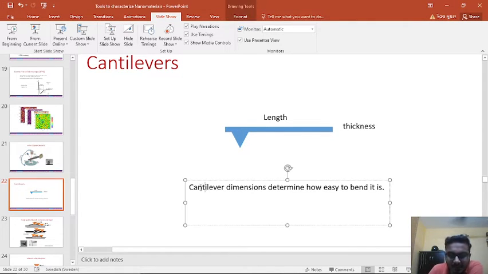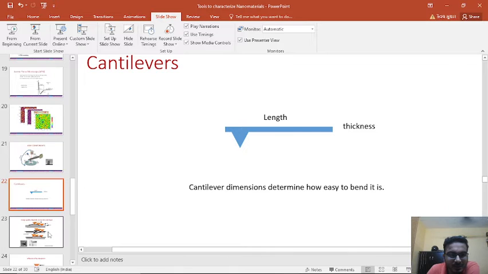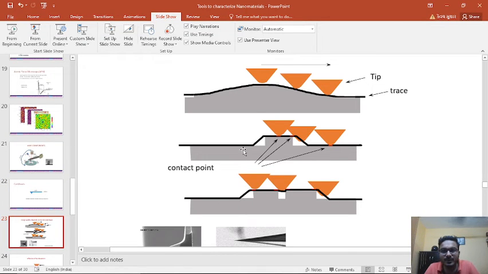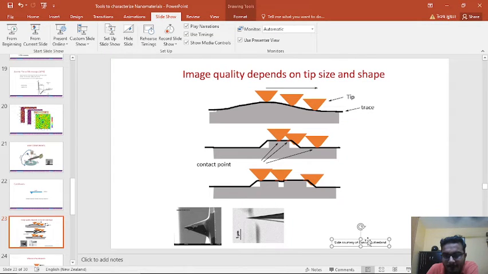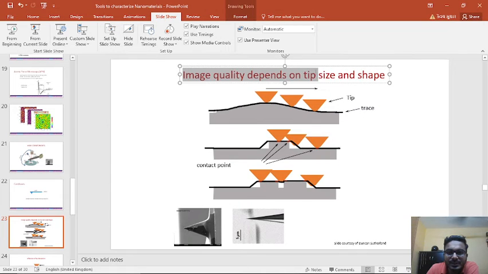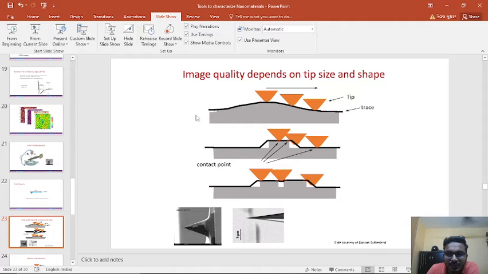So cantilever dimensions determine how easy it is to bend. Here are a few images. That is, the image quality depends on the tip size and shape. So here you can see this sample surface and the tip.